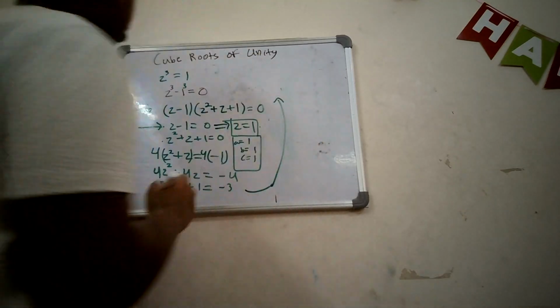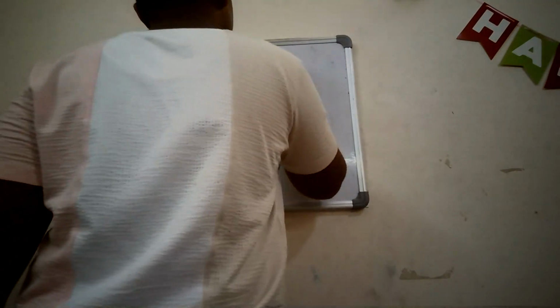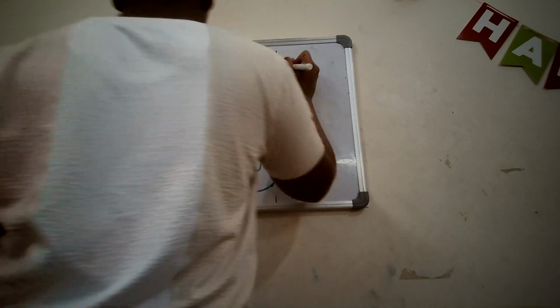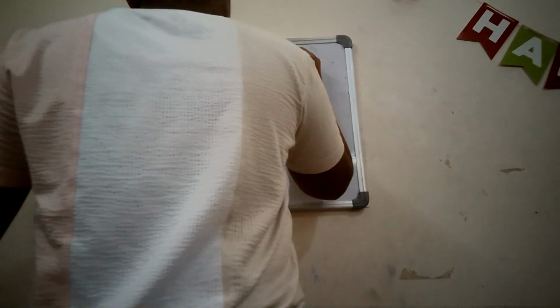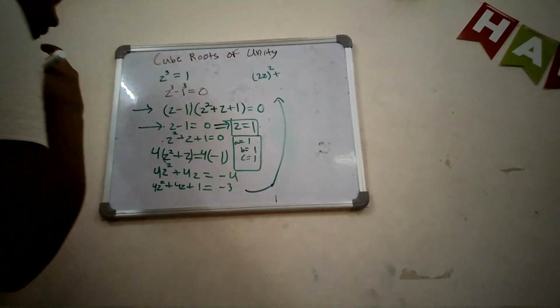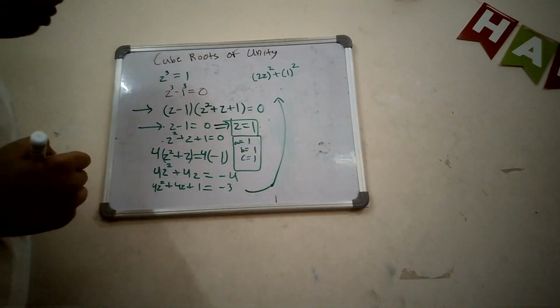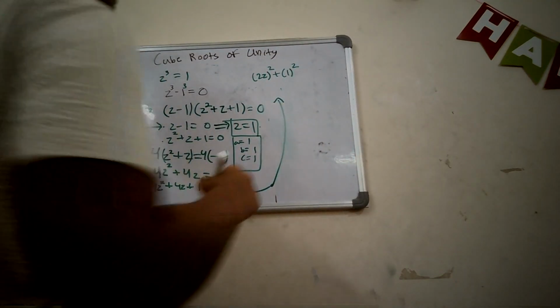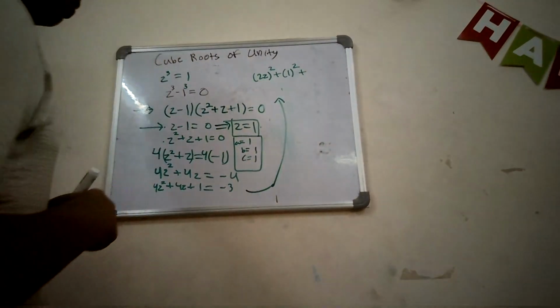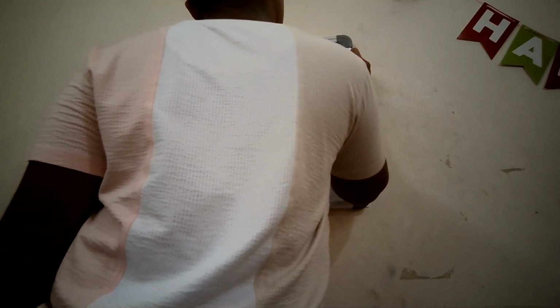Yeah. So look, this is an identity. We can write this as (2z) squared plus 1 squared, we can add in any order, plus a squared plus b squared plus 2 into a and b.